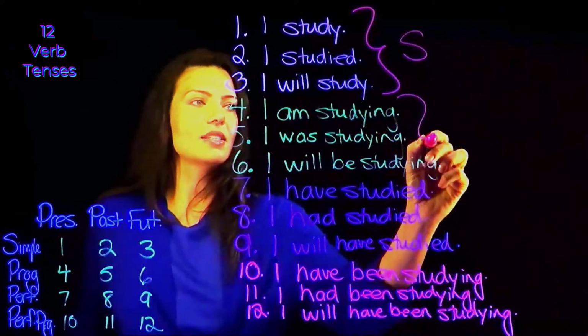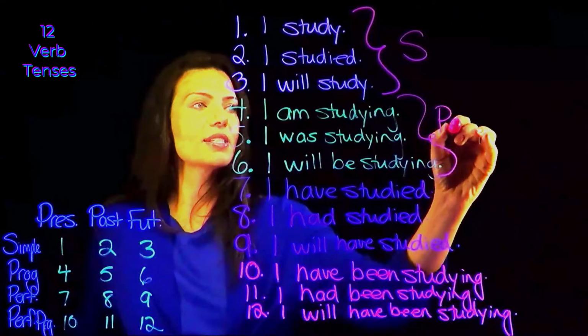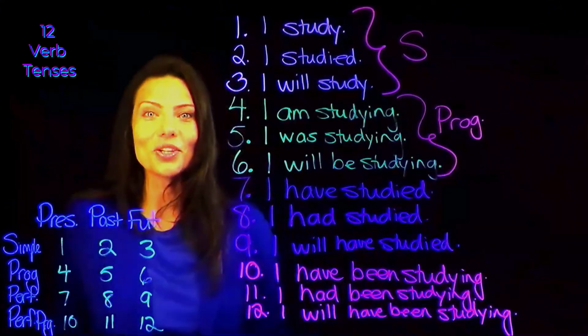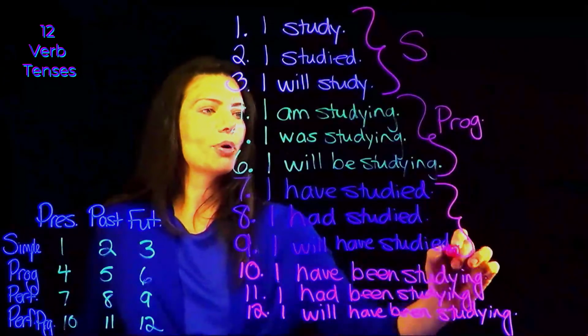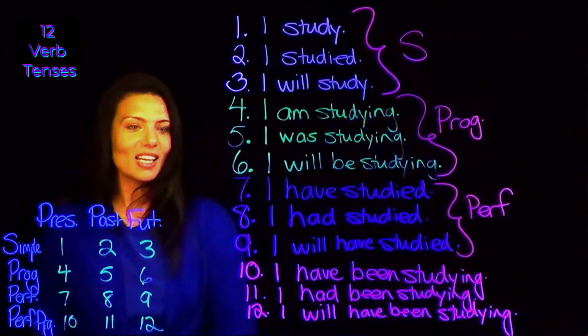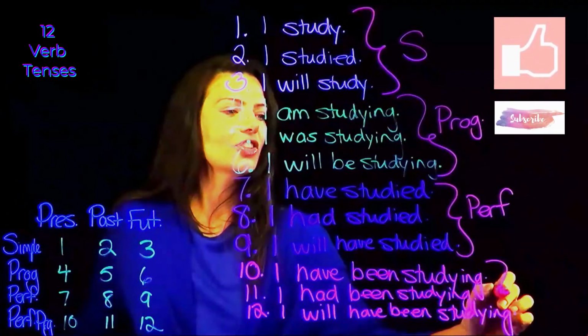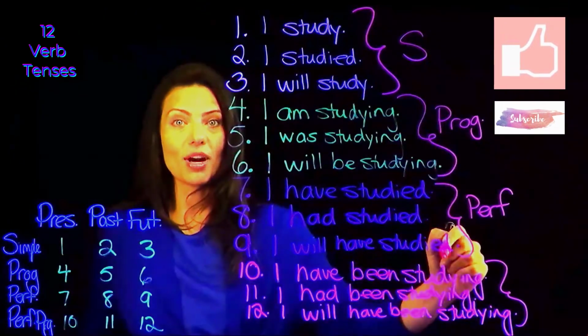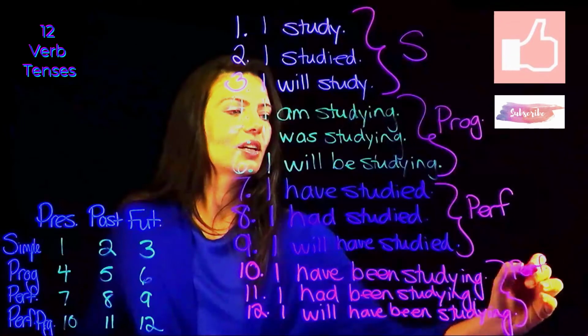Okay, these next 3 here, these ones are all in the progressive or the continuous. The next 3 are all perfect. And finally, at the very end, from 10 to 12, we have a combination of the progressive and the perfect. So we call this the perfect progressive.